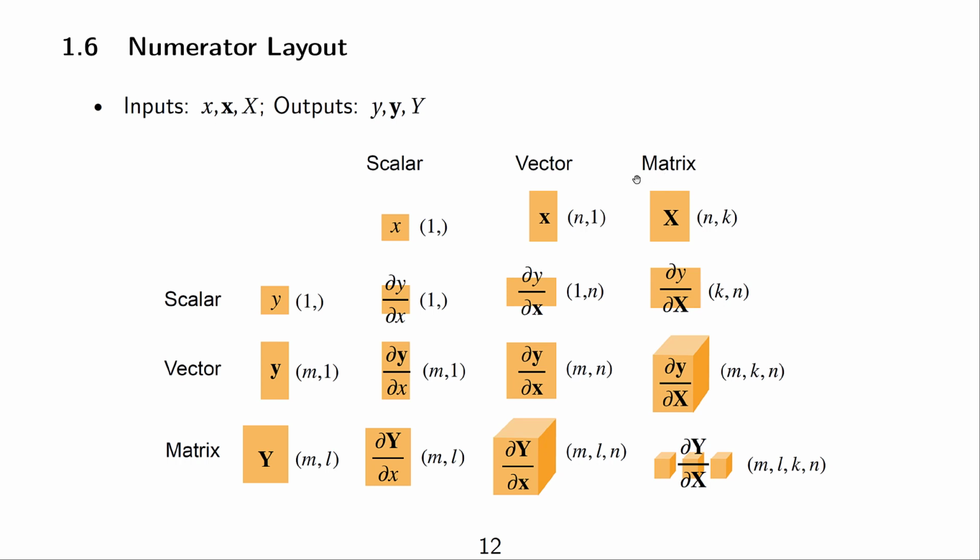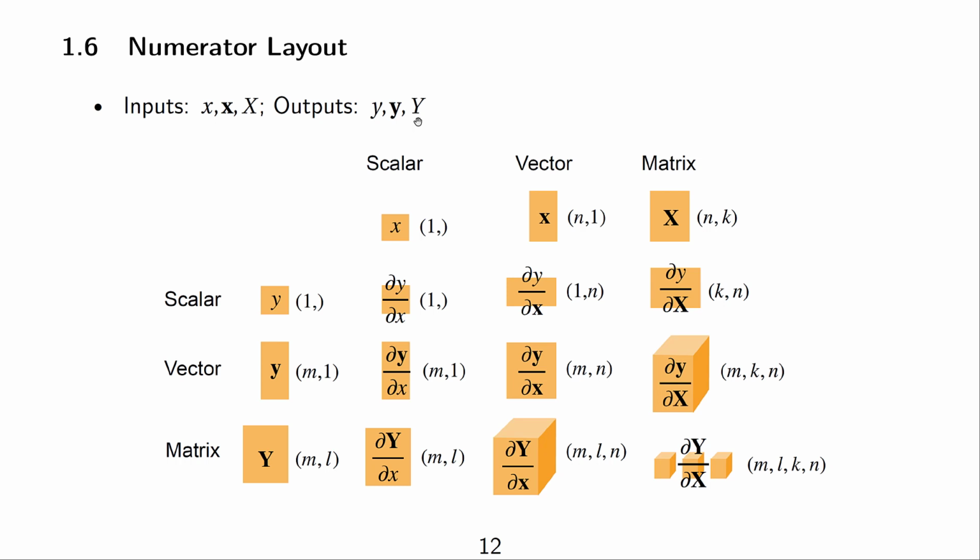And what we're looking at are functions that have inputs either scalar, vector, or matrix tensor of rank 2, and outputs either scalar, vector, or matrix tensor of rank 2.